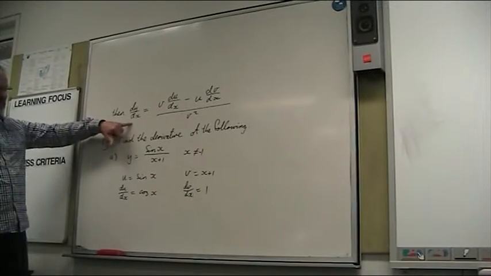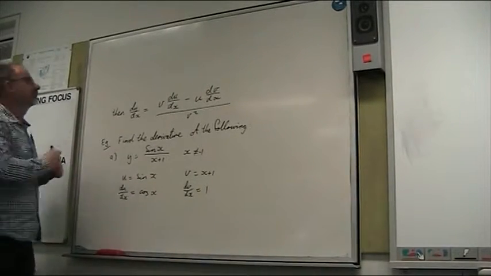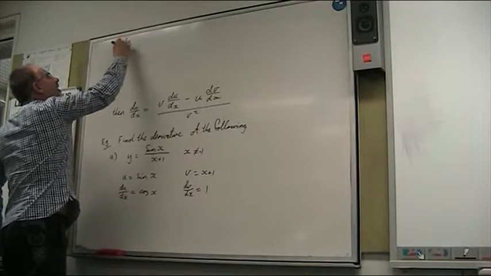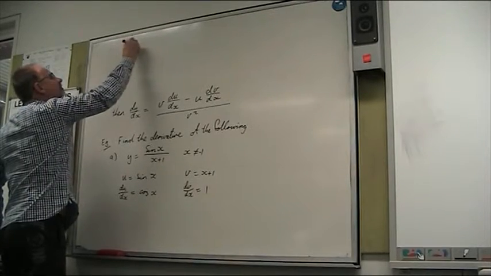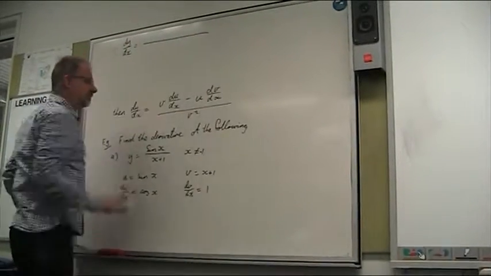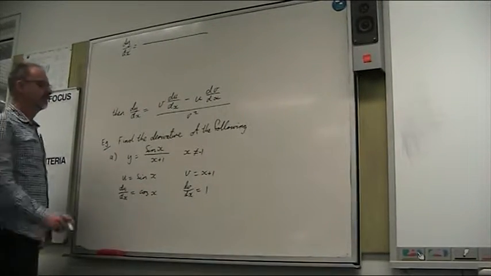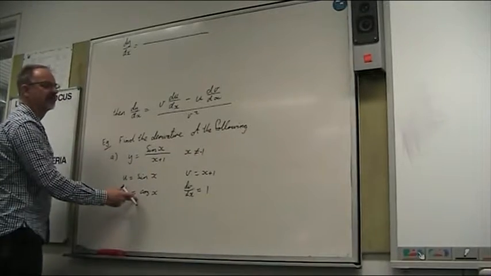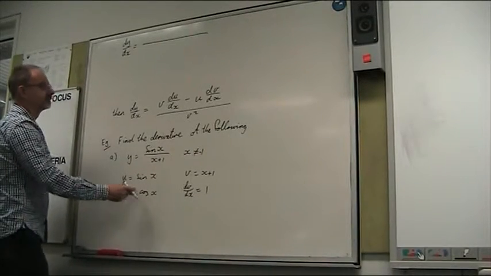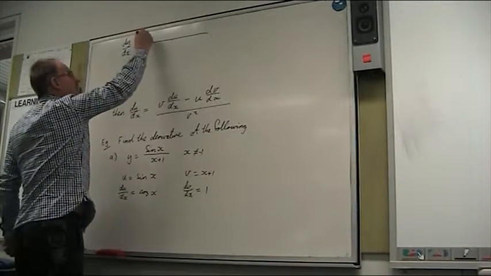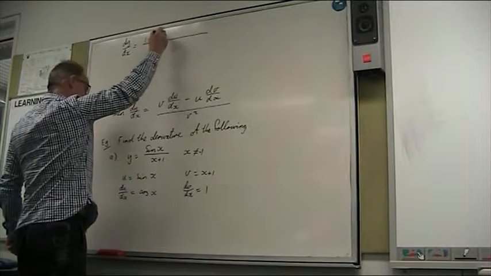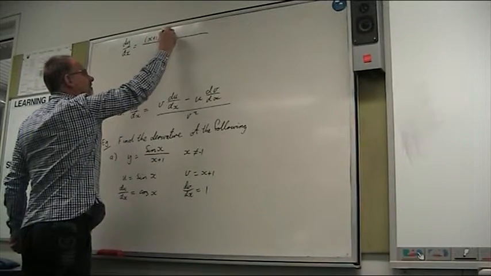So this is our quotient rule. So dy dx: it says v times the derivative of u, so we've got x plus 1 times cos x.